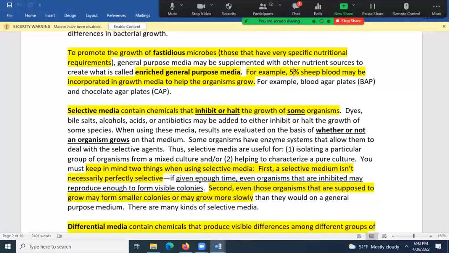What you do is you grow the organism on a selective media plate as well as a general purpose media plate. And if the organism grows much better on the general purpose media, we say it is selected against on the selective media.